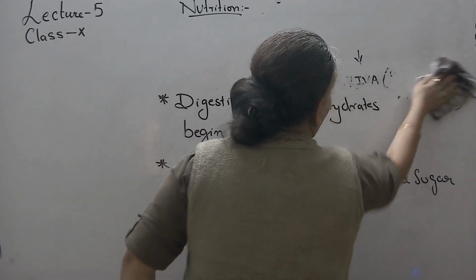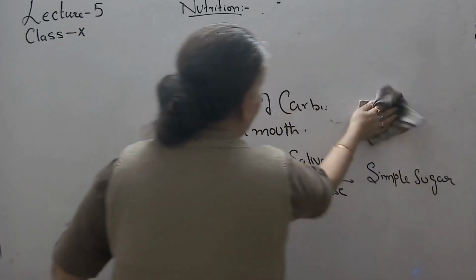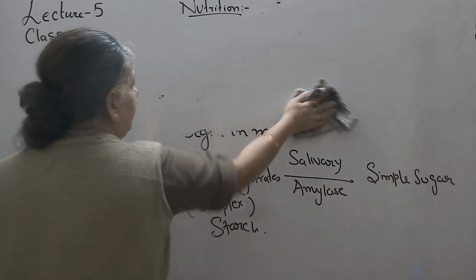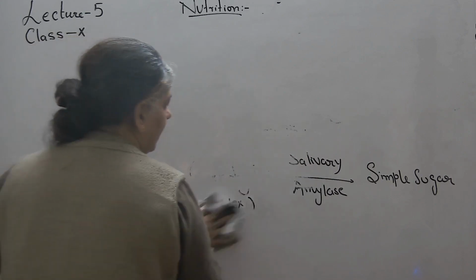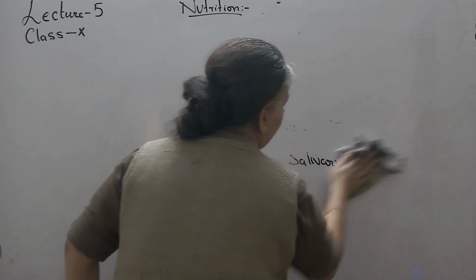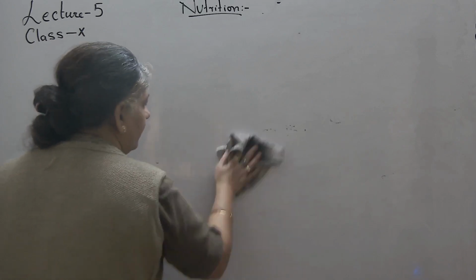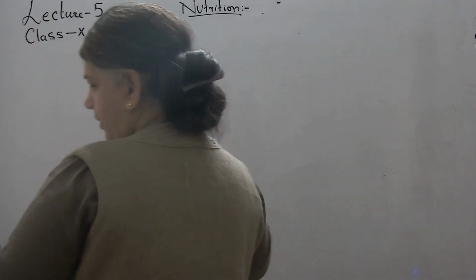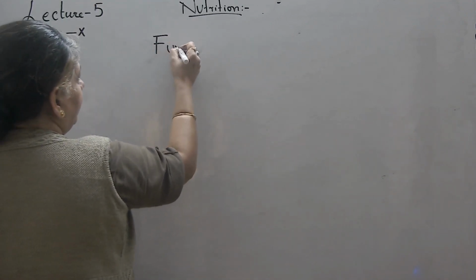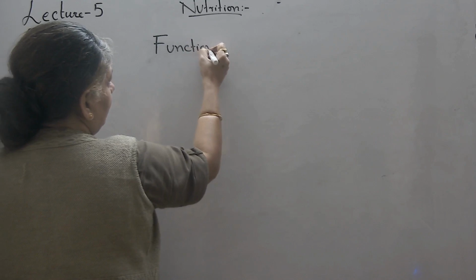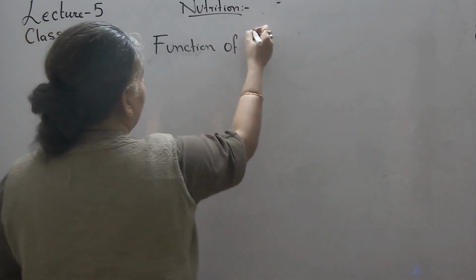First function, you have already come to know that saliva contains salivary amylase, which helps in digestion of carbohydrate. Let's see the function of saliva. Put the heading function of saliva.